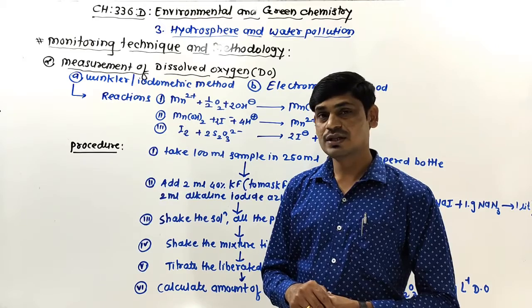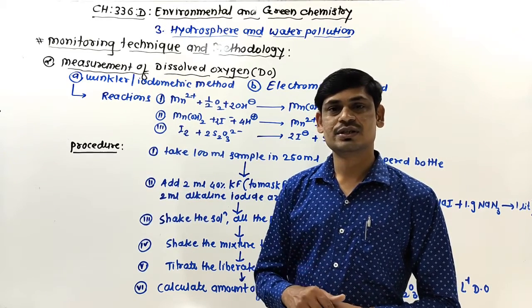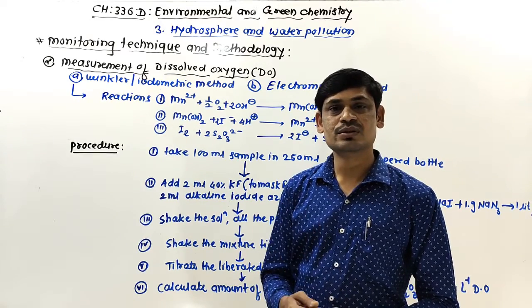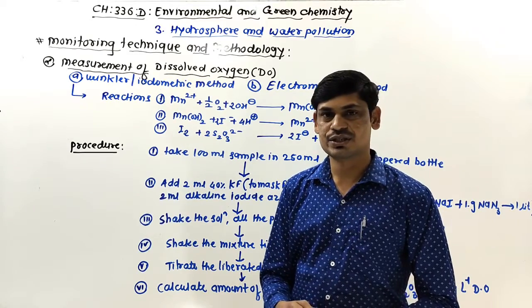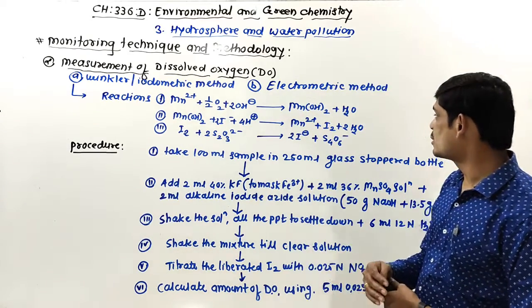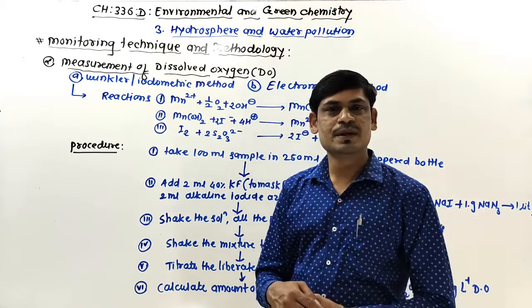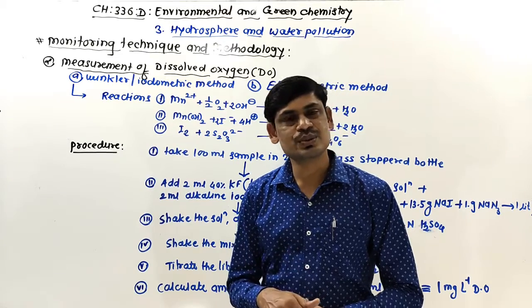It means in this case the dissolved oxygen is measured by measuring the volume of the reagent required during the titration. And the second one, the electrometric method, is based on the principle of the diffusion of oxygen through a membrane.